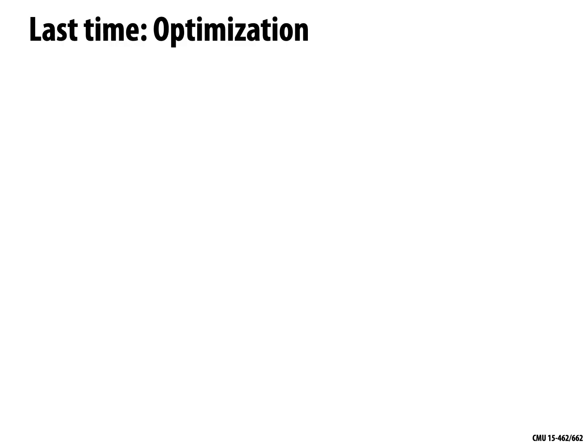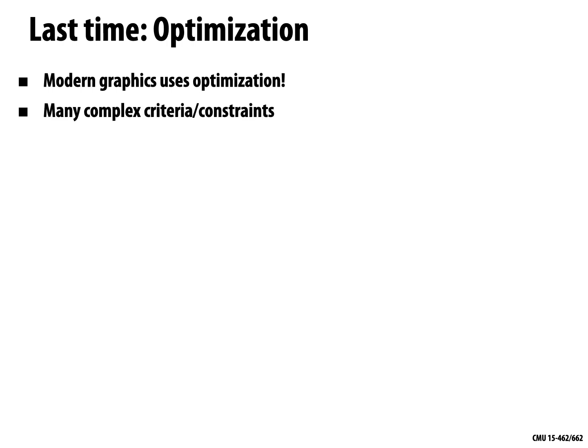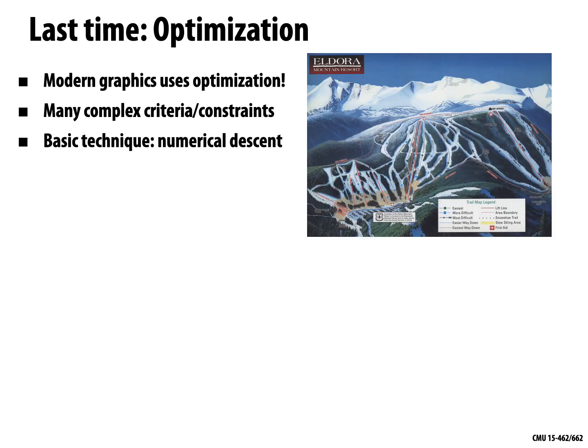So just to recap, last time we got a brief introduction to optimization, really just saw the tip of the iceberg. Maybe the most important message is that modern computer graphics really does use optimization in many different ways. And there can be many complex criteria and constraints that show up in graphics optimization problems, but the basic technique tends to be the same.